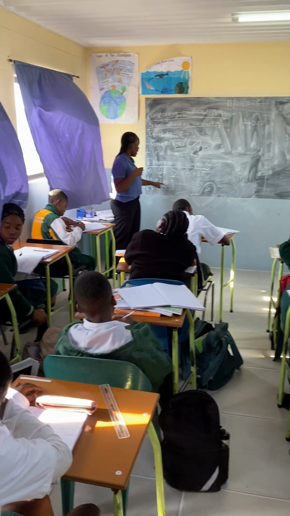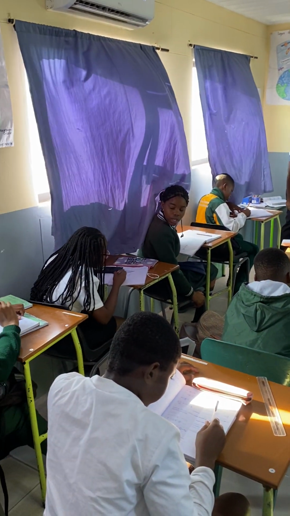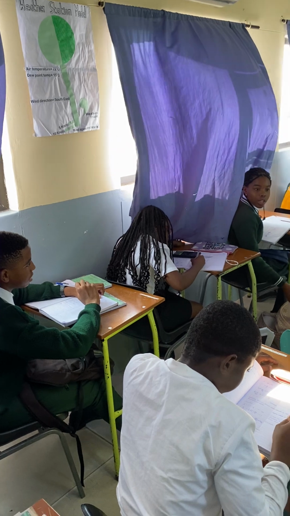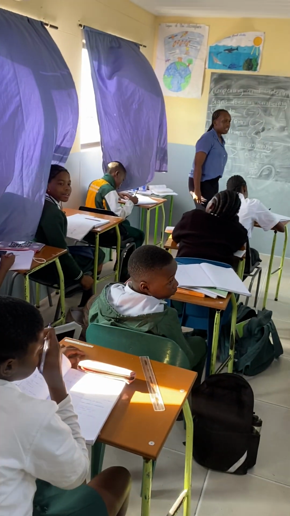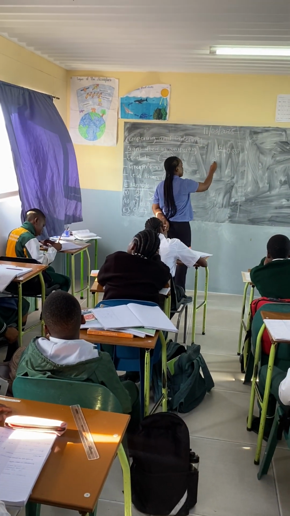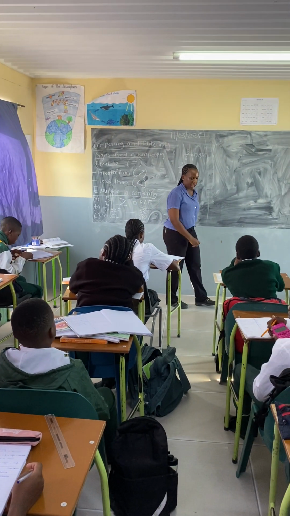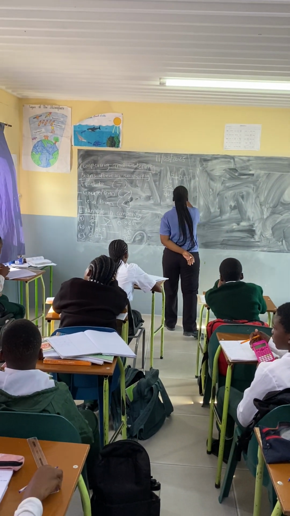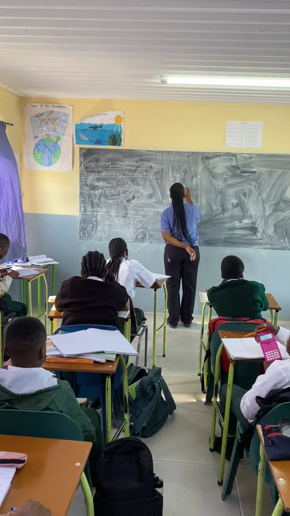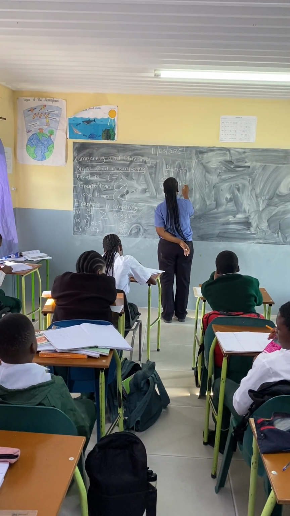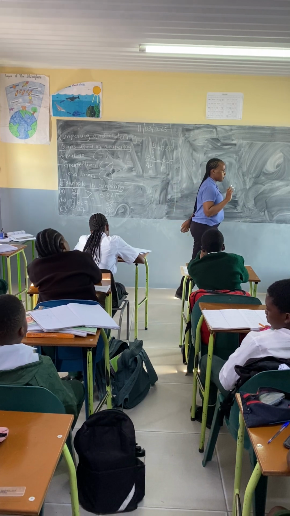We have 0.825 with 33 over 40. You convert the fraction to decimal. If you convert this 33 over 40 to decimal, what will you get? 0.75? Is it precise?